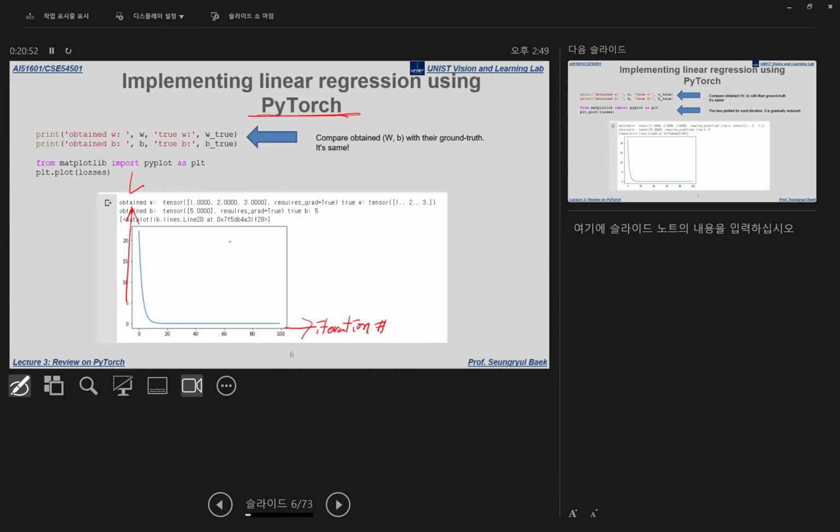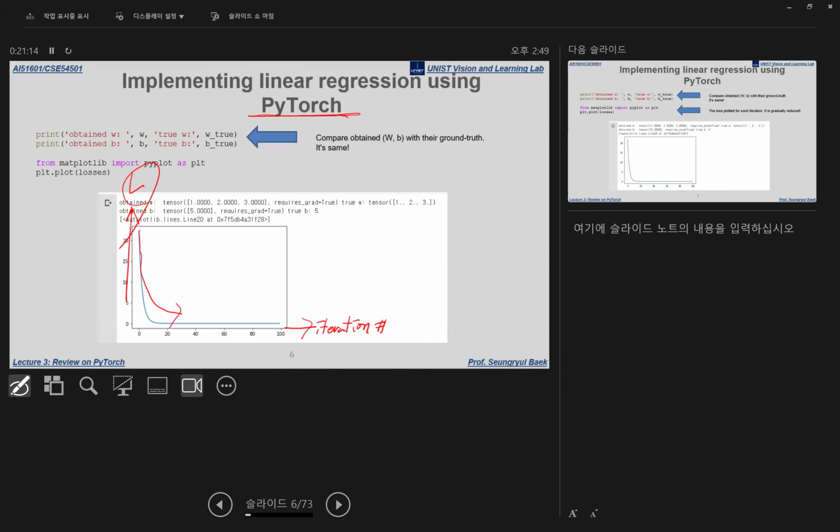So you can see when iteration goes, because the W and B are gradually learned, their loss function is gradually reduced. So that coincides with our objective that minimizes the loss L, which is the distance between ground truth and our prediction.